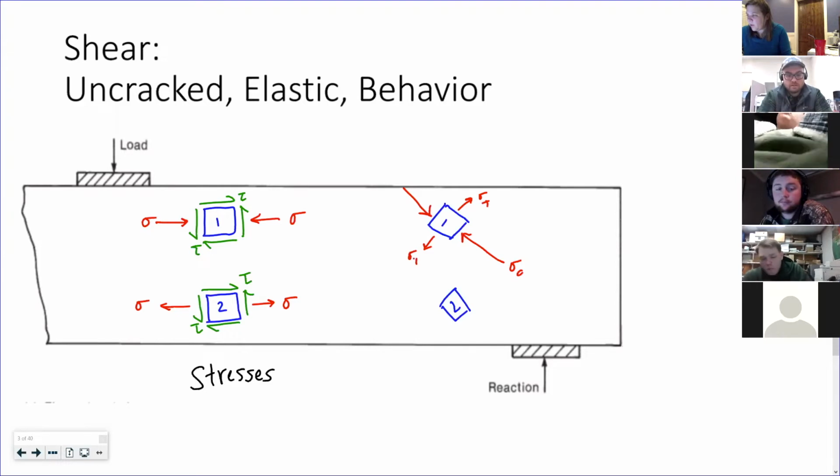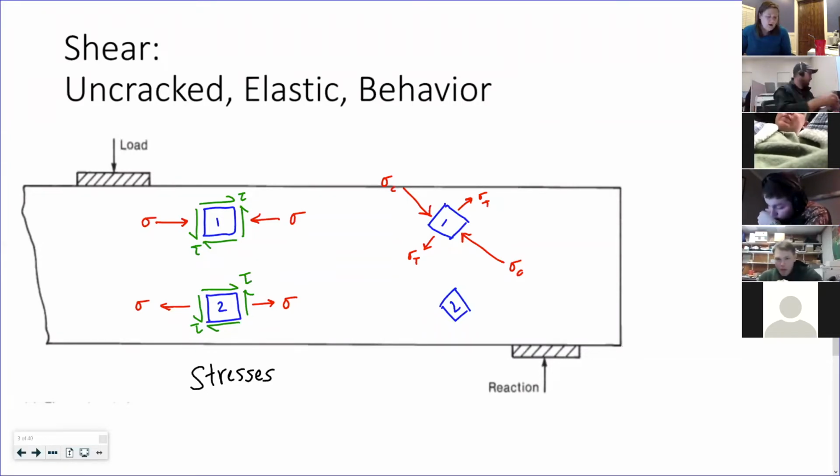On the top, I don't have any shear, it's just pure normal stresses. These are the principal stresses.